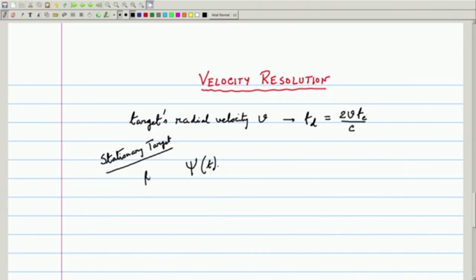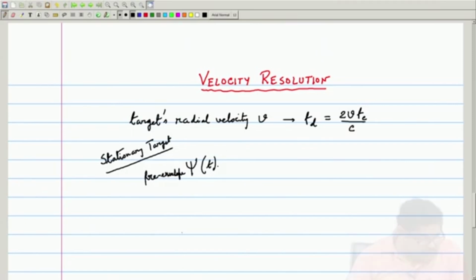So, let me write because it will be easier for you. Pre-envelope is psi t for this, and let us take its Fourier transform, because since the concept of frequency is coming, unless and until we go to the Fourier domain or frequency domain, we will not be able to see the Doppler shift.